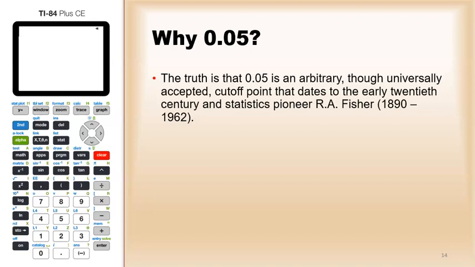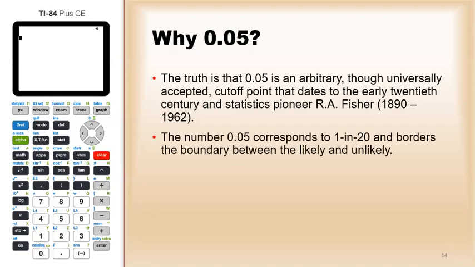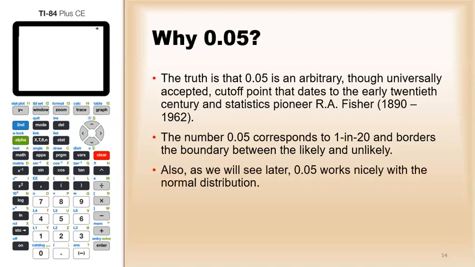This is sort of a universally accepted cutoff point that dates to the early 20th century, to the statistics pioneer R.A. Fisher. Again, it corresponds to 1 in 20, and essentially we consider that the border between plausible and not plausible, so between the likely and the unlikely. It is a bit arbitrary, and we may play around with it a little bit later. Right now, 0.05 just works very nicely, especially with what we'll later see with the normal distribution.